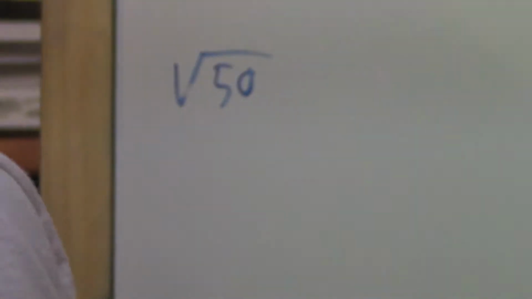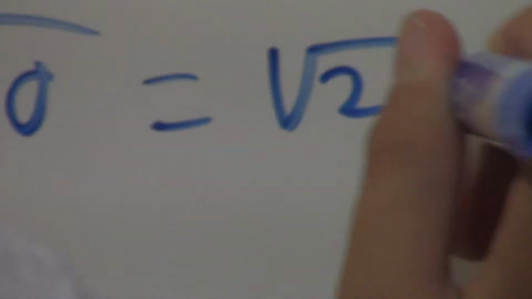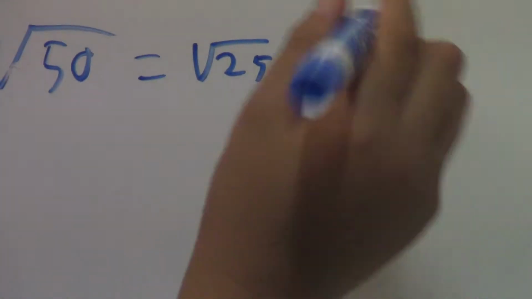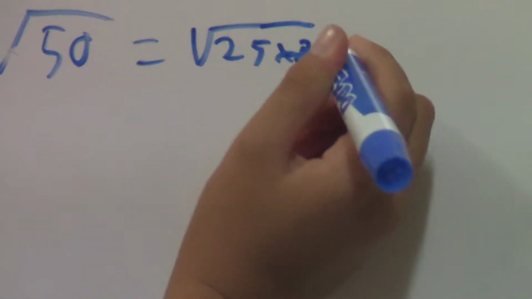Alright, 50. So basically you can separate it into 25 times 2. Make sure the entire thing is in the square root, sir. Yes. Since 25 is a square, it equals 5.